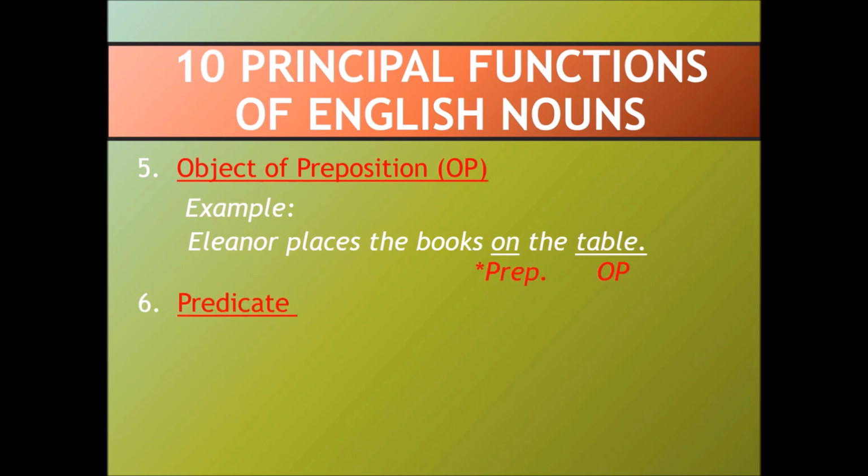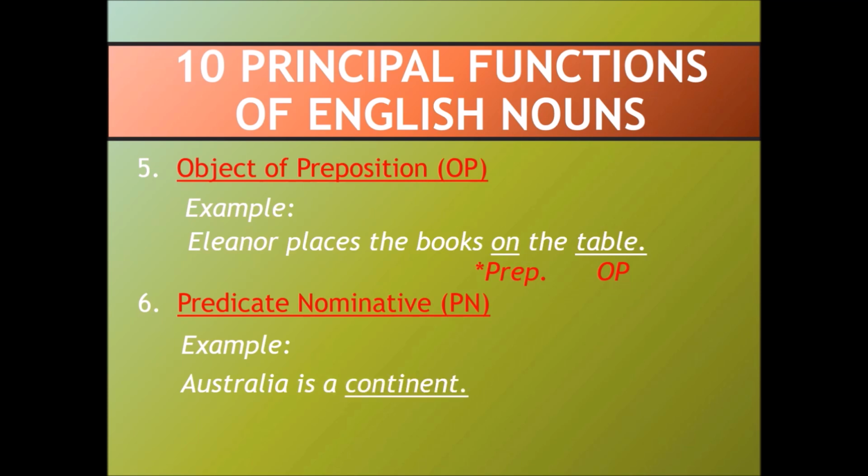Okay, for number 6, as predicate nominative or PN, example, Australia is a continent, where the noun continent is used as a predicate nominative.